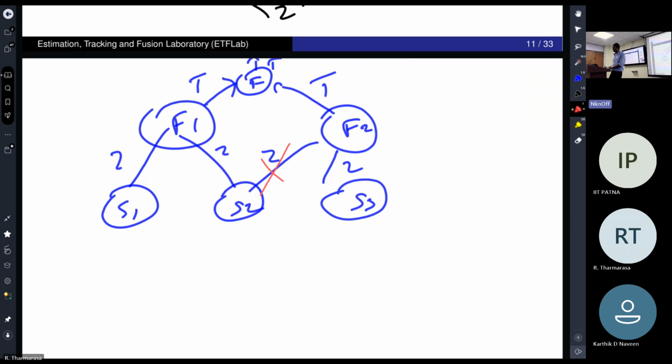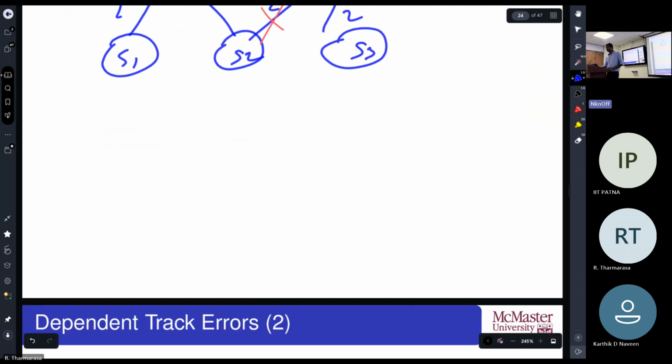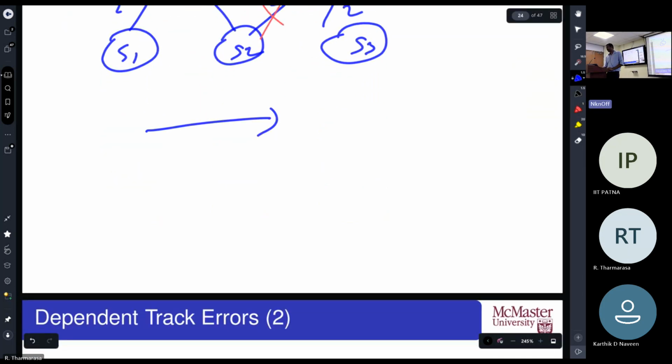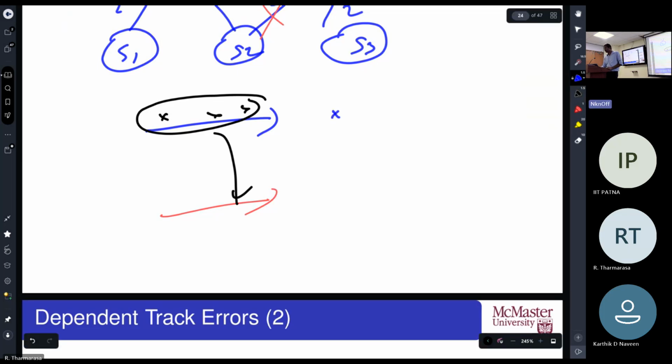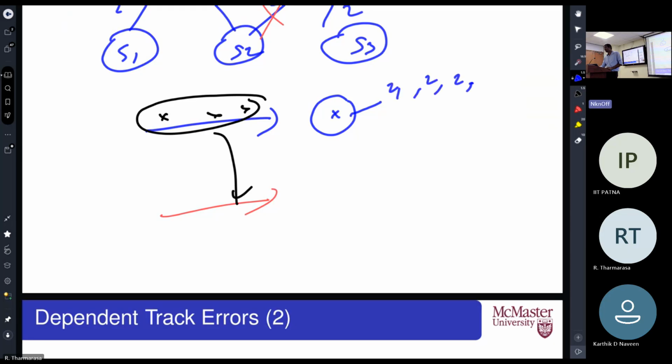We say that you have a local track, then you have a central track. Even though the central track is not using the measurement directly, these three measurements are already used here. Then next time, when you send this track, it actually uses Z1, Z2, Z3, and Z4.